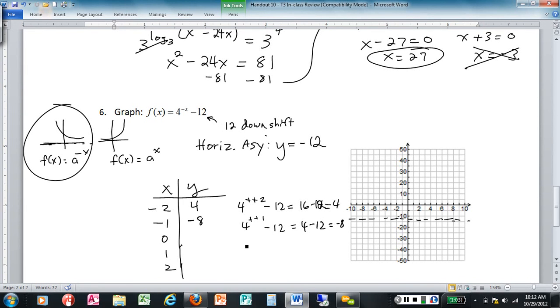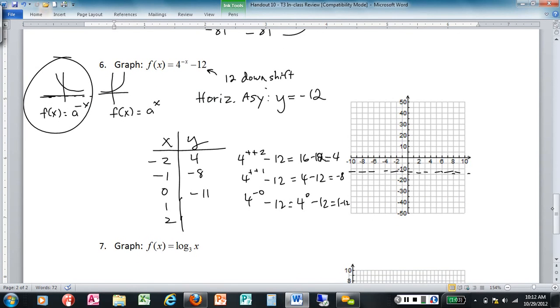At 0, that'd be 4 to the minus 0, which is just 4 to the 0. What about 4 to the 0? That's 1, isn't it? So I have 1 minus 12, that's negative 11. At 0, I'm at negative 11. At 1, see 4 to the minus 1, minus 12. Remembering that a negative power flips it over, that's 1 over 4 to the positive 1, or 1/4, minus 12.